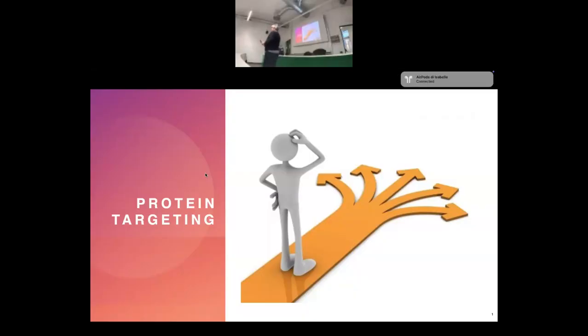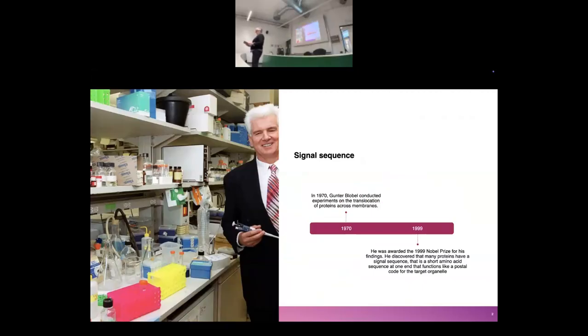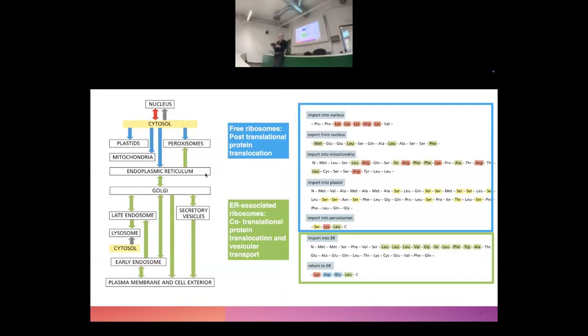So there are signals. For this discovery, because it's a very important one. And what are we speaking about? It is about the sequence of amino acids, which has to do with the localization of the proteins.